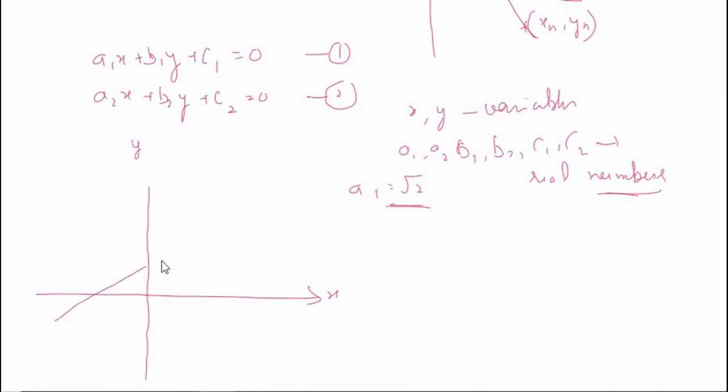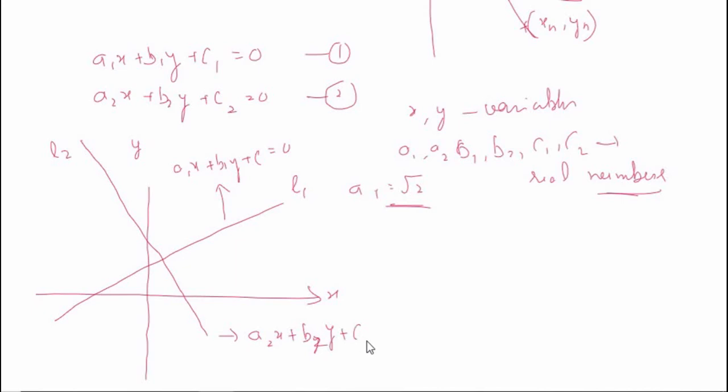So this is the line L1, which represents a1x plus b1y plus c1 equal to 0. Let us take one more line. This represents the other linear equation in two variables. This line, let us say L2, represents a2x plus b2y plus c2 equal to 0. This is c1, sorry.